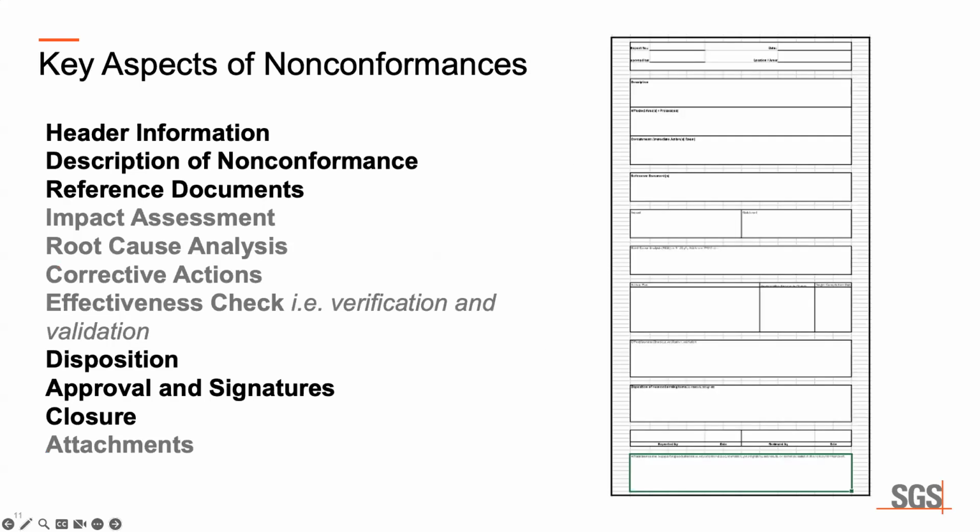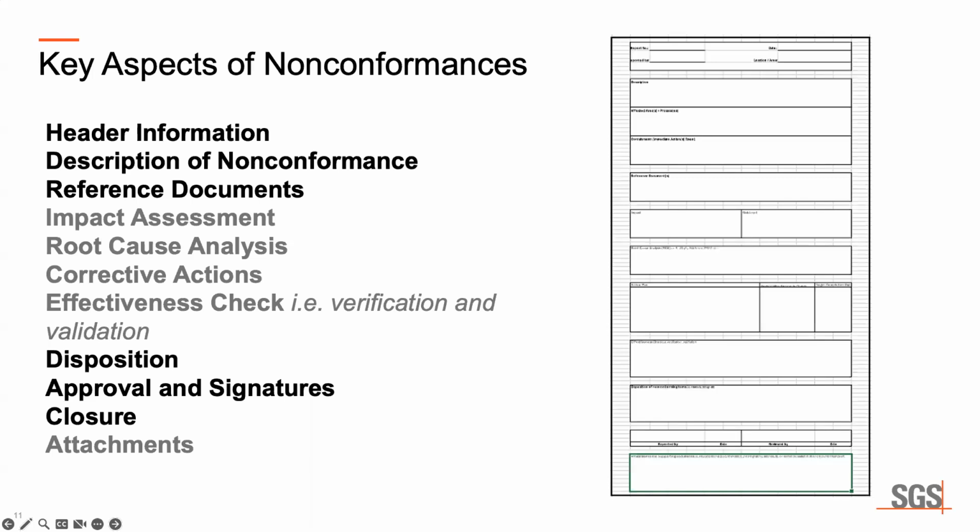When you're thinking about putting together a non-conformance, let's say a non-conformance form or an NCR, everything that's written in black is mandatory. So you need to have your header information, your description of the non-conformance, reference documents, your disposition, approval and signatures, and your closure, whatever your closure might be.